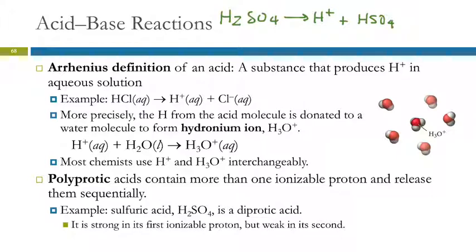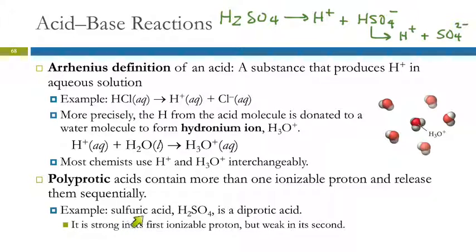HSO4, and the charge will be -1. This ion has a name: hydrogen sulfate ion. It also has an ionizable hydrogen, and so it can lose its hydrogen ion, and then you have sulfate ion. So there are two hydrogen ions, two protons, that can come off, and they come off one and then the other.